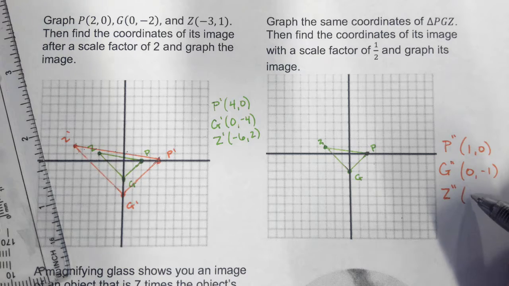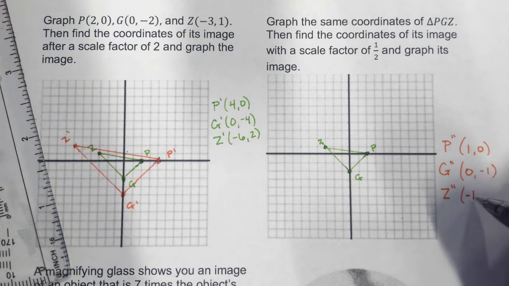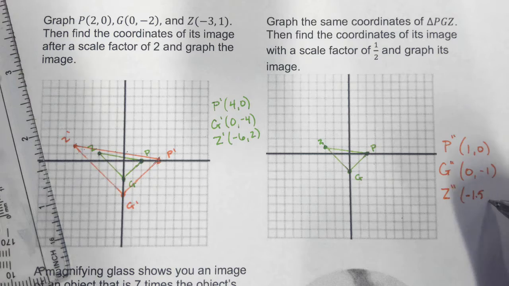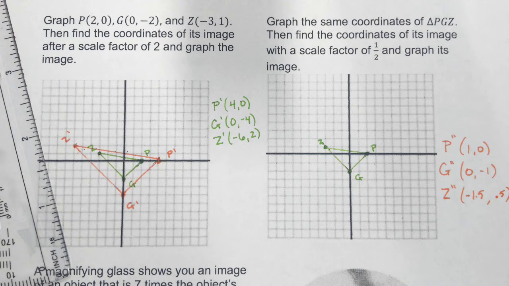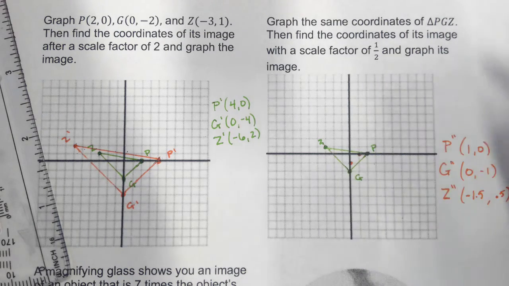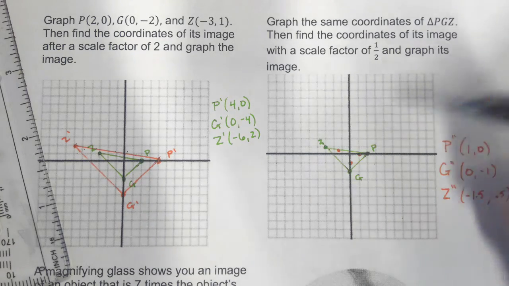You can either think of it as -3/2. That's not really helpful for graphing, but -3/2 is -1.5. Half of -3 is -1.5. And half of 1, again, you can think of it as a half, but I like to think of it as decimals when graphing. It's 0.5. So P would be right here, G is right there, and Z is left 1.5 and up 1/2. It's like right about there.